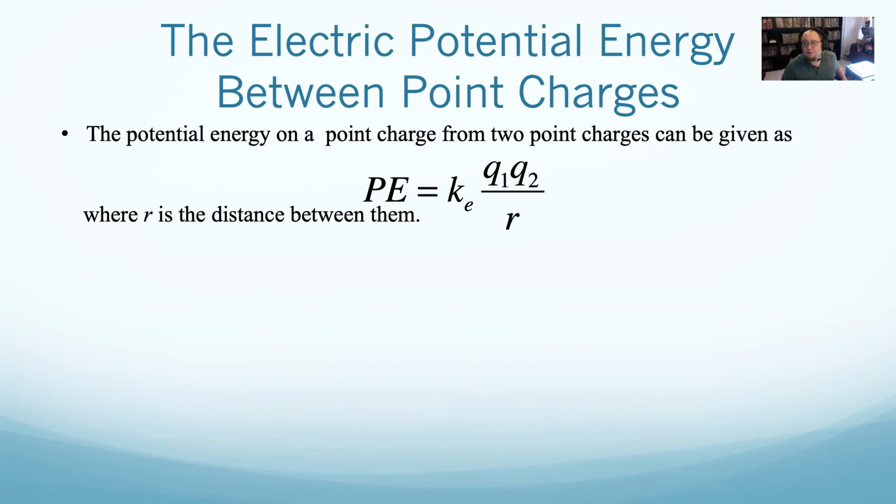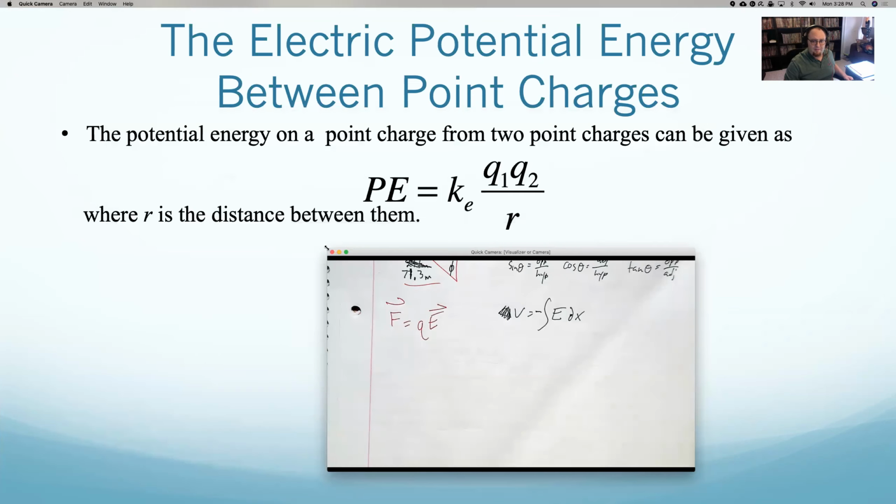It won't be a uniform electric field since the electric field depends on distance, but you are still moving that point charge in an electric field. If you do a bit of math with that calculus I talked about before, you can actually find that anytime you have 2 point charges, there will be a potential energy due to the location between them as k e Q1 Q2 over r overall.